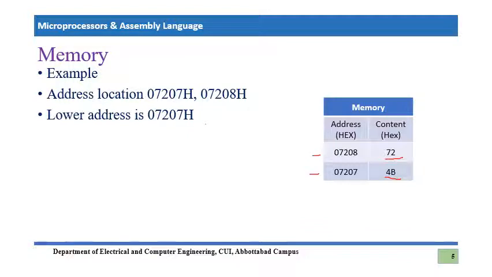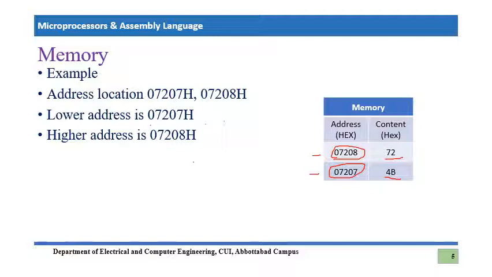We can clearly see that this is the lower addressed memory location, and this one is higher address memory location. So word is being fetched from these two memory locations.